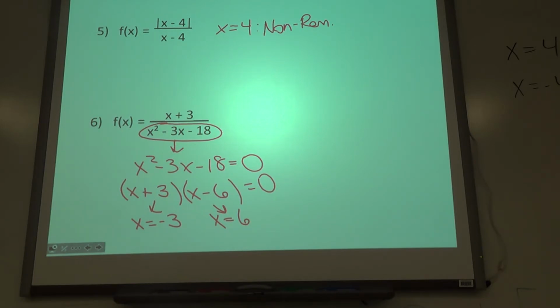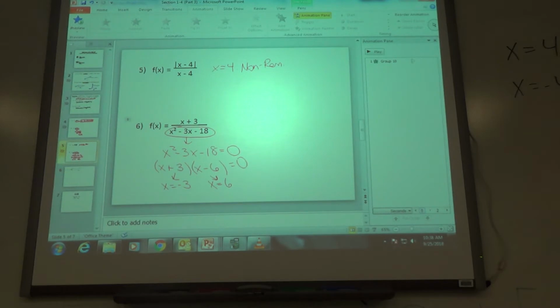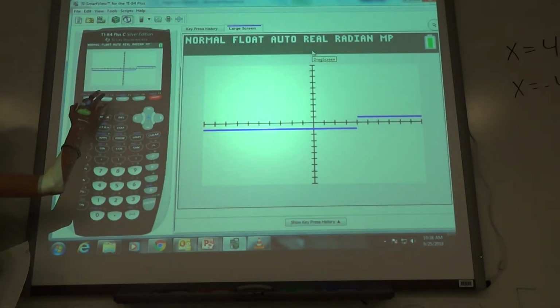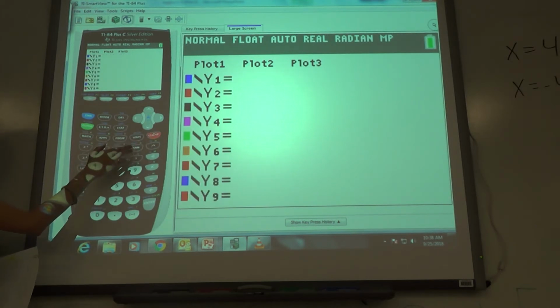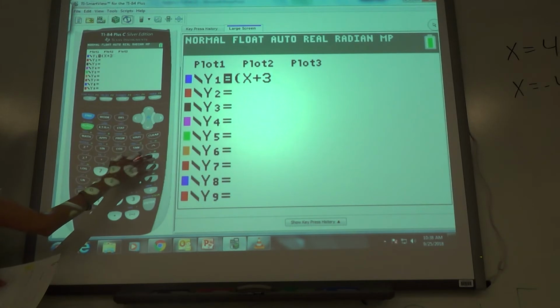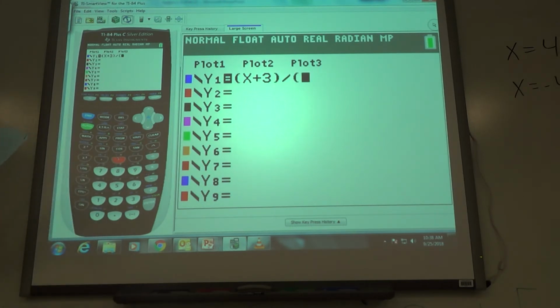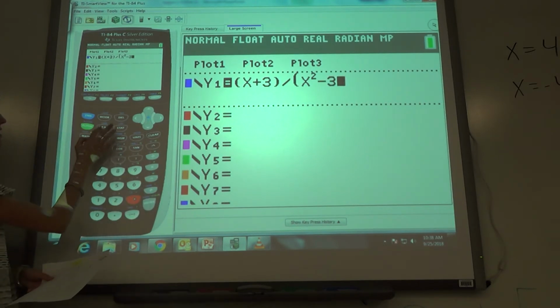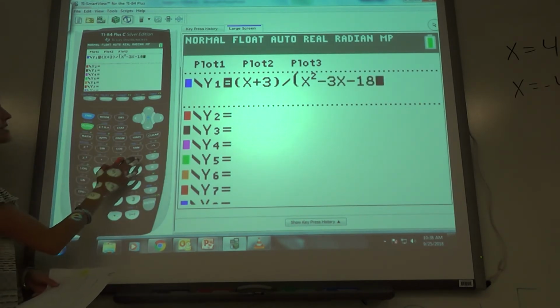You need to look at where x is -3 and where x is 6. So here we go. Couple more times. I've got x plus 3 in parentheses divided by x squared minus 3x minus 18.